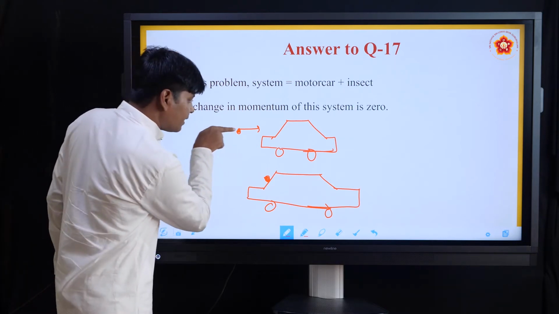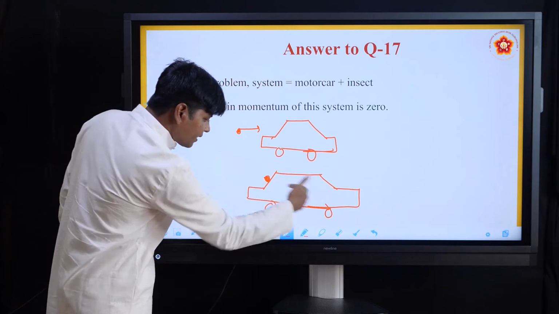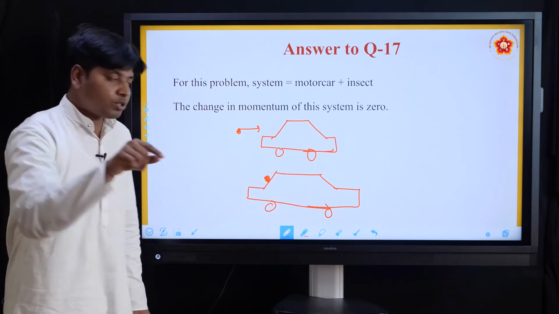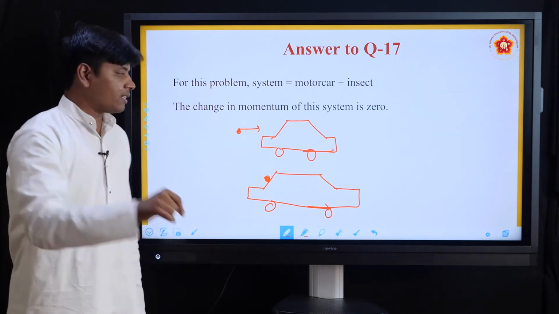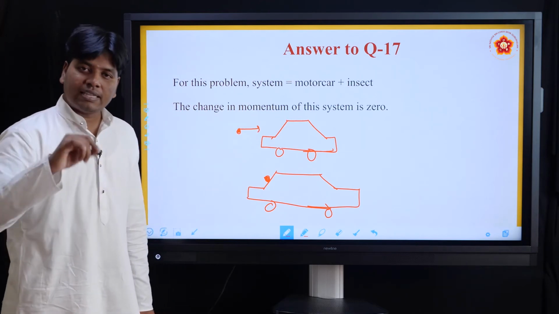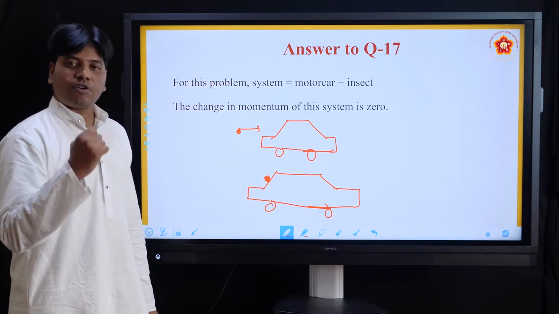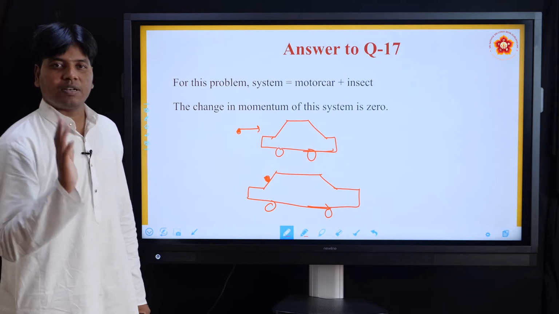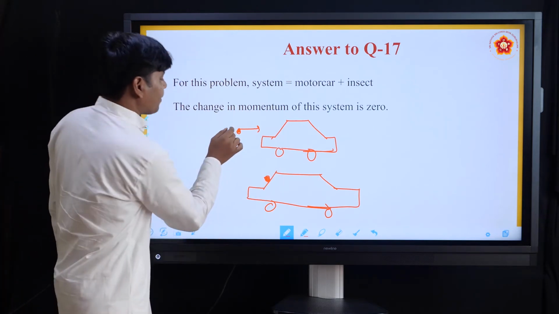Previously it is coming in this direction with some velocity. After being hit by the car, it changes its direction and moves along with the car. That means it is acquiring the velocity that the car has. In other words, the car may have lost some minimum velocity, which is negligible because it is of huge mass, and that is acquired by this insect.